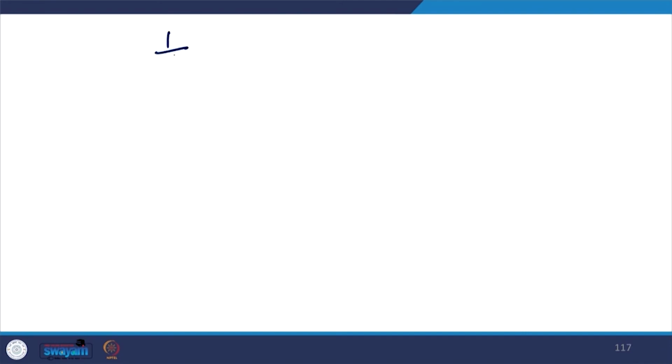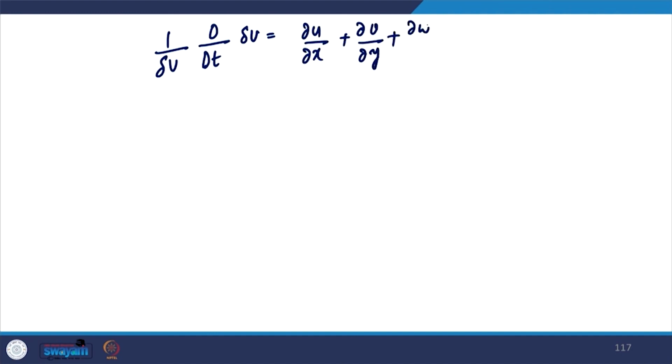Now coming back, 1 by delta v d by dt of delta v is dou u by dou x plus dou v by dou y plus dou w by dou z, which is equal to del dot u.